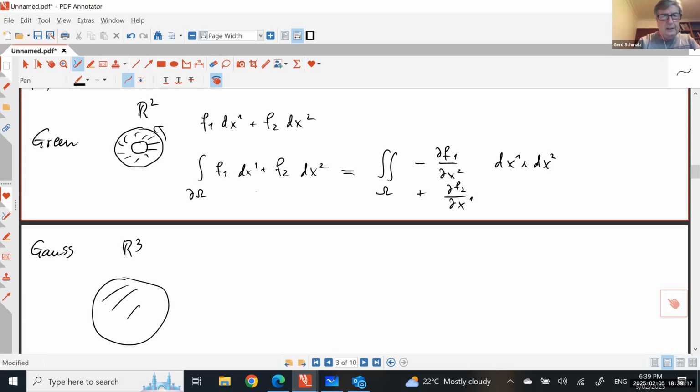But in this case, we get two parts of the boundary, and we have to integrate here over all parts of the boundary. And here, by the way, the outer normal.